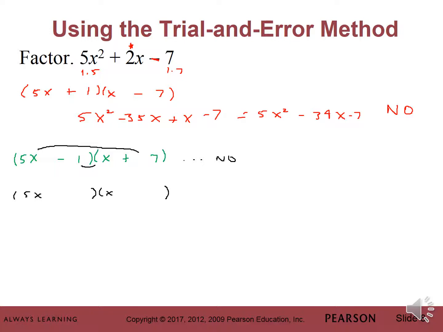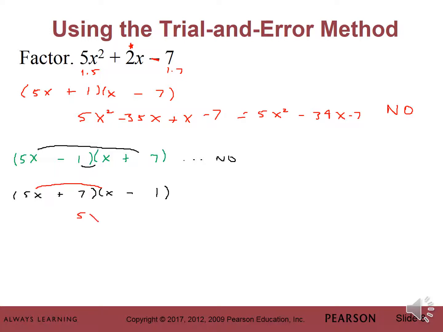5x and an x. Okay, so the next trial. 1 and 7 is just not happening. 7 and 1. And I believe with a plus and a minus, we're going to be good.